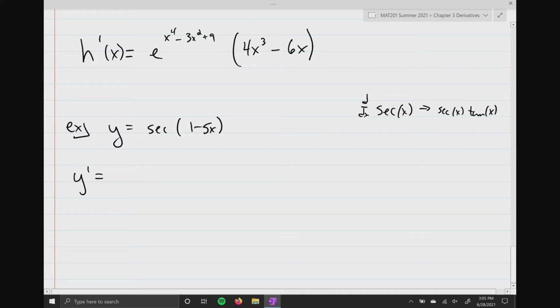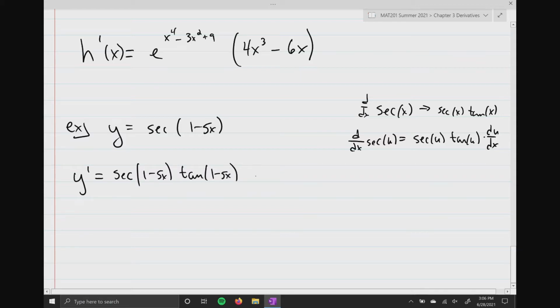So in general now, the derivative of the secant of u is going to be secant u tangent u times du dx. So what we have to do here is we're going to write secant of 1 minus 5x times the tangent of 1 minus 5x times the derivative of 1 minus 5x, which is going to be negative 5.